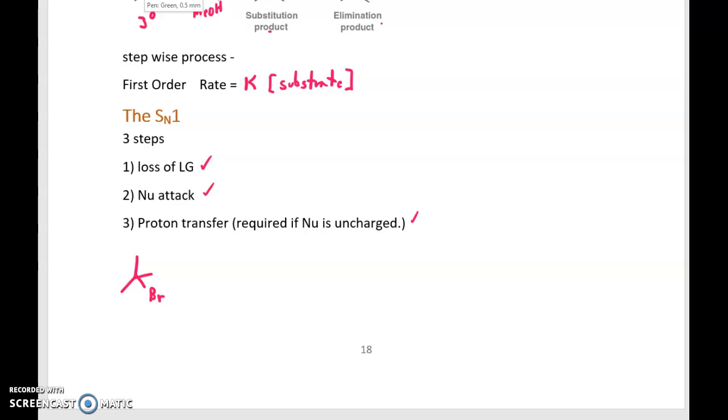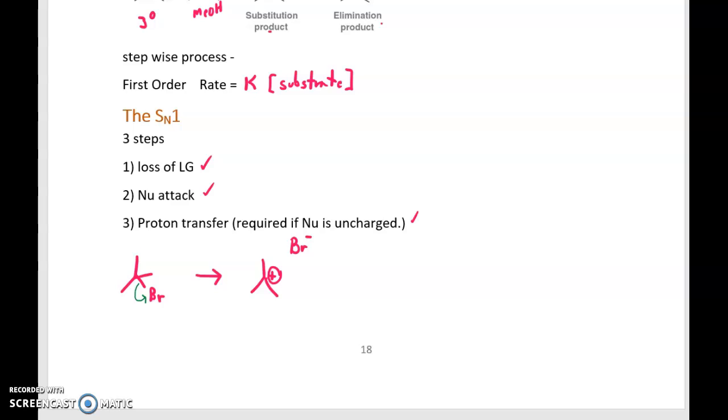The electrons that are attaching the bromine to the carbon go with the bromine, and that's going to give us a carbocation and also a negatively charged bromine. Okay, that's the first step, loss of a leaving group.